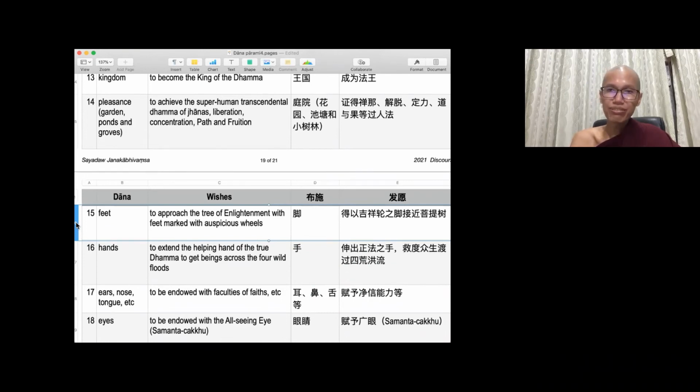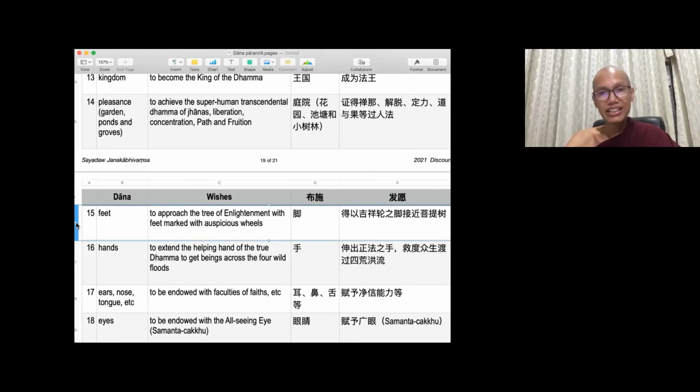In the Buddha's feet there are signs, auspicious wheels. With these feet the Buddha went to the enlightenment tree, the Bodhi tree. It is an unconquerable place. After reaching there, no one can disturb him from becoming a Buddha. So to reach there, the Buddha donated his feet.